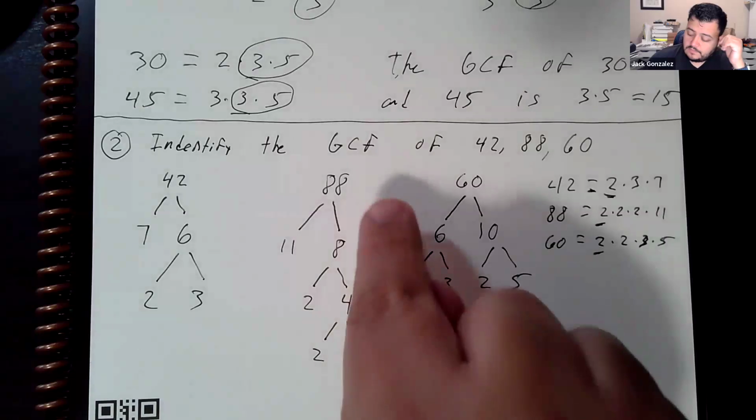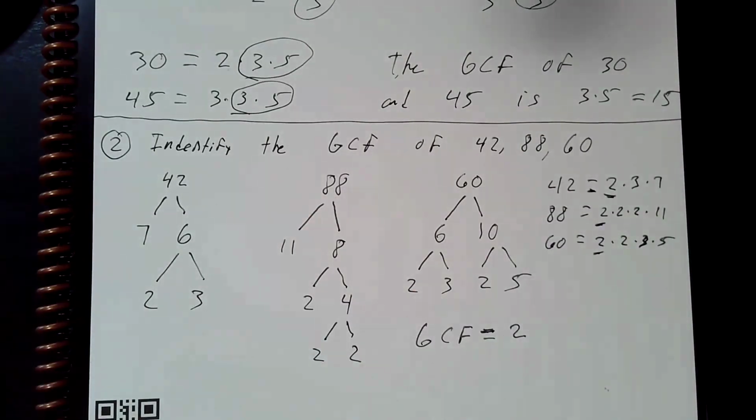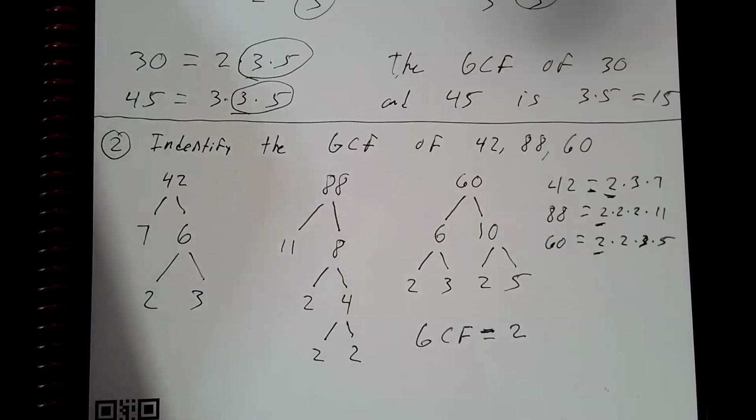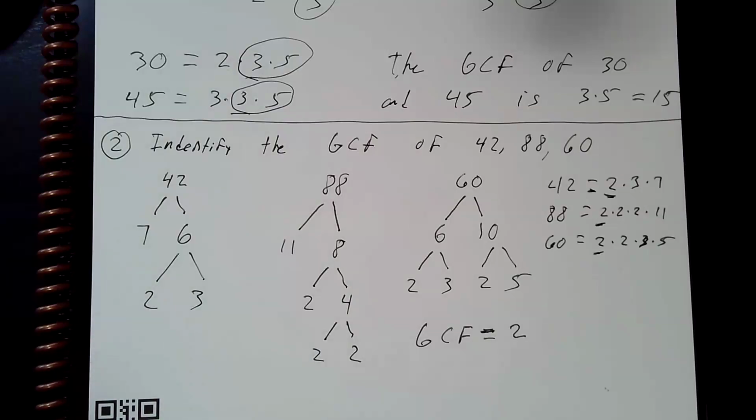Just 3 will not go into this one, right? But yeah, that's just 2. Are there any questions on the GCF idea? On one of my questions, I got what's the factor of 30 and 52?